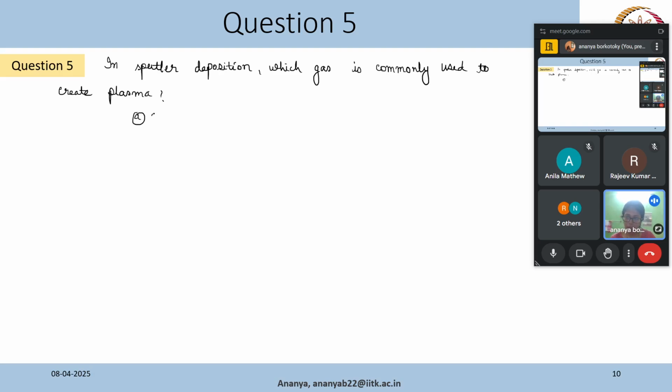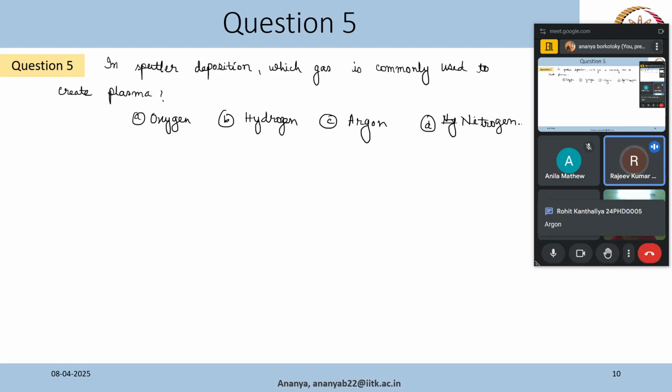The options are A, oxygen; B, hydrogen; C, argon; D, nitrogen.